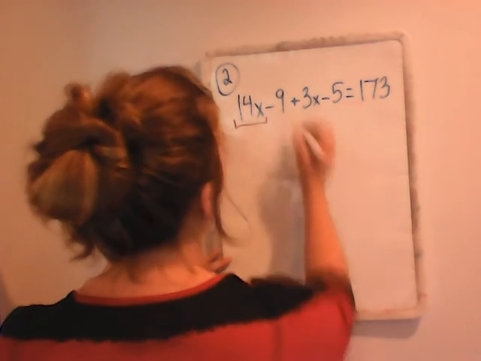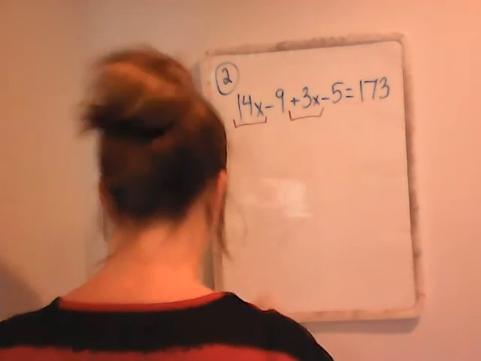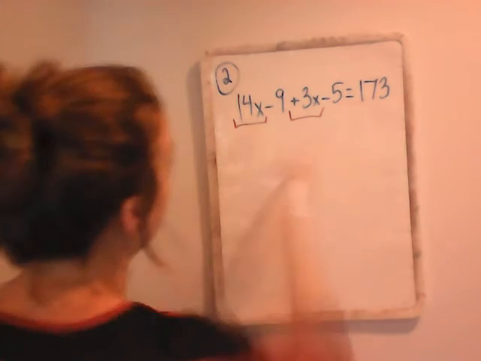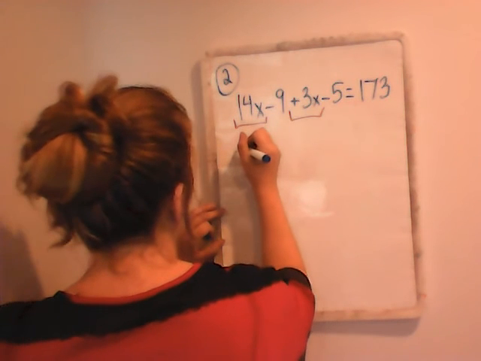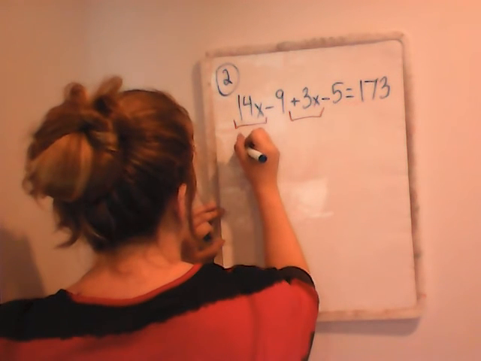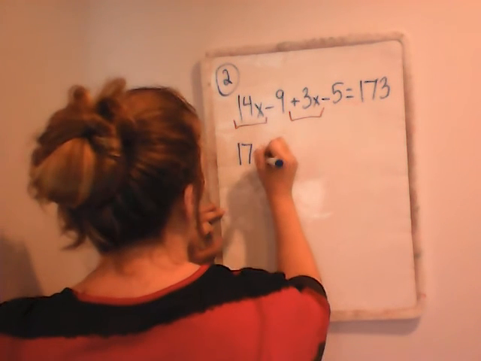14x and this positive 3x. When you say 14x plus 3x, you get 17x.